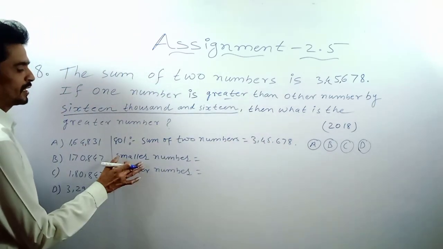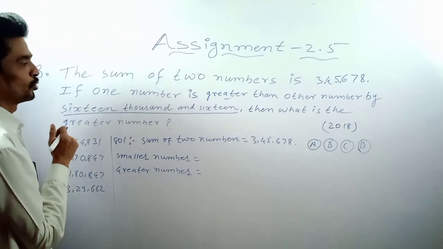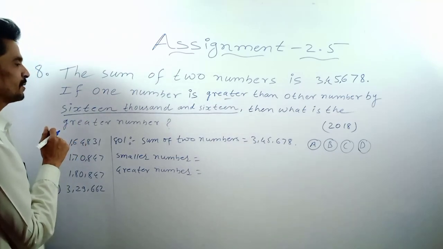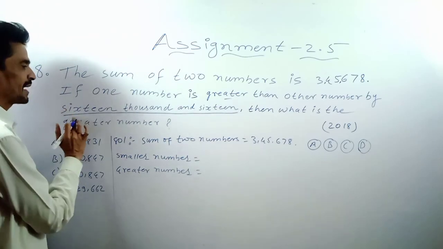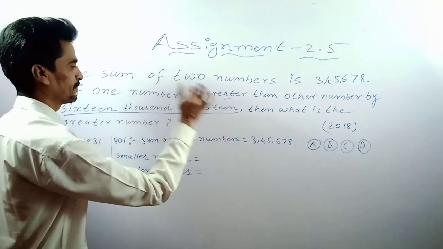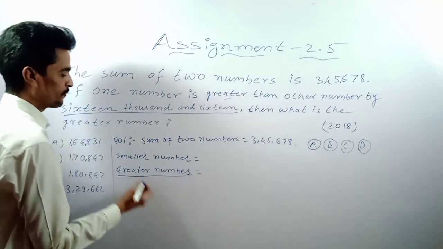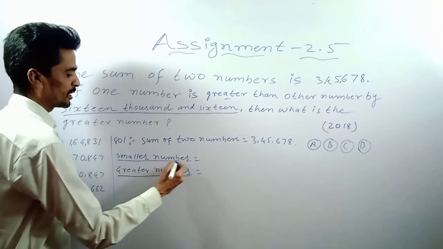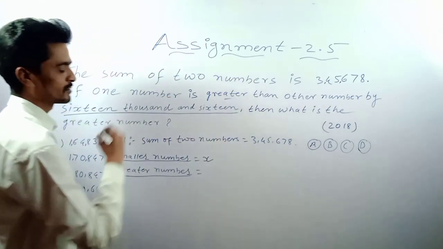Smaller number and greater number. The greater number is in the clue. How much is it greater than the other number? It is greater by 16,016. So we have the clue of the greater number, but we haven't a clue of the smaller number. So assume that the smaller number is x.